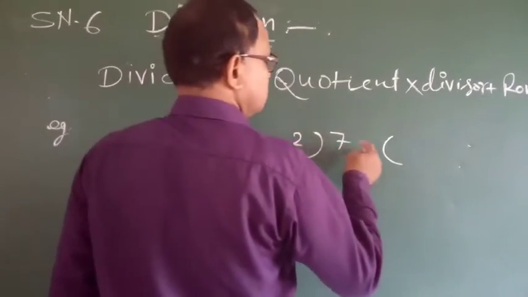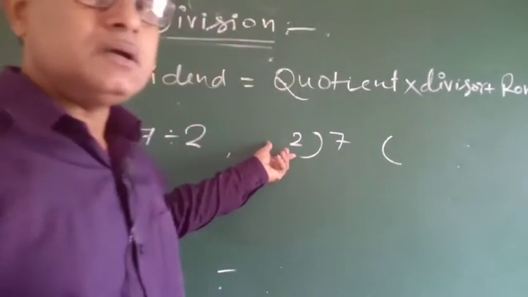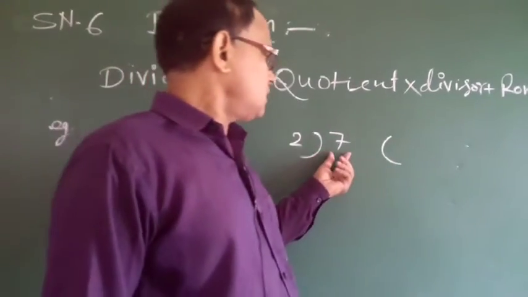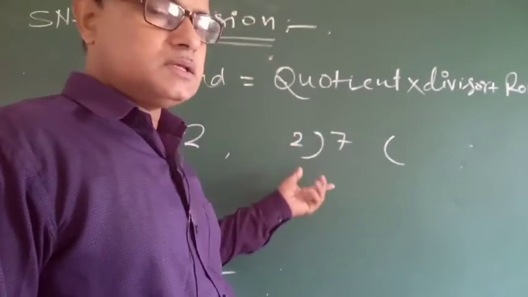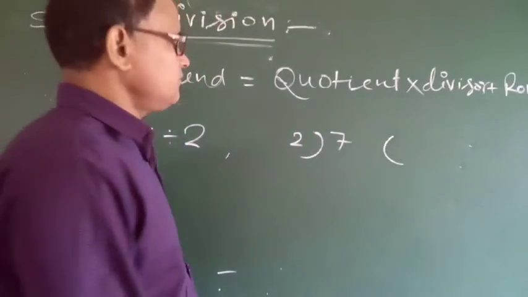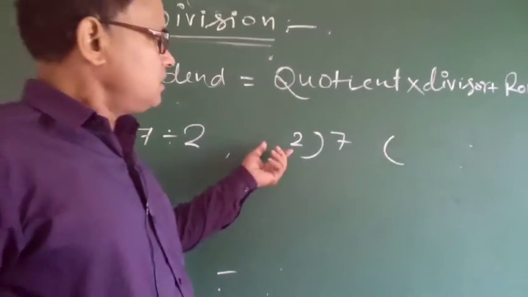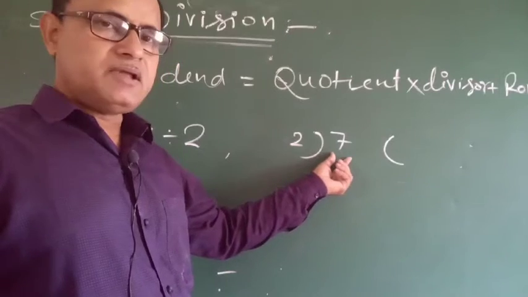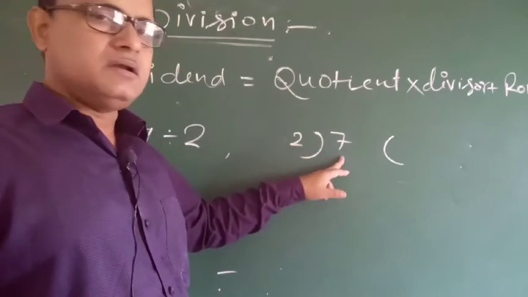Divide by 2 of 7, 2 3 are 6. How many tables? Read the table of 2 so that the result is not more than 7, or 7 or less than 7. 2 3 are 6, 2 4 are 8. If we read the table of 2 four times, the result is greater than 7, so 4 times is not suitable for this solution.